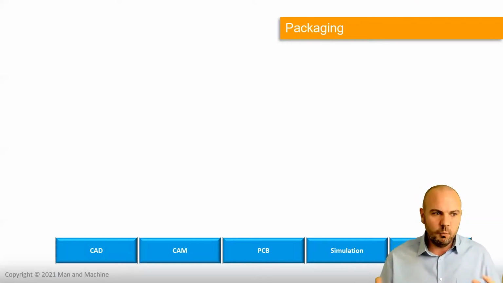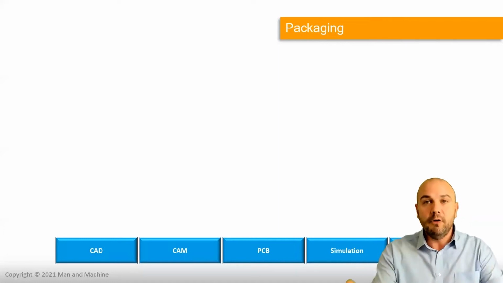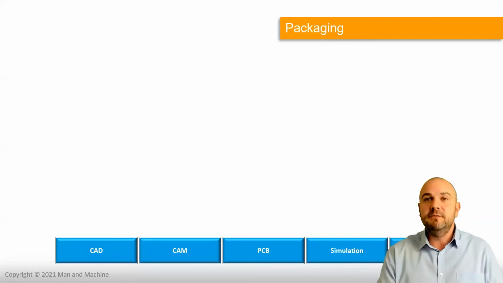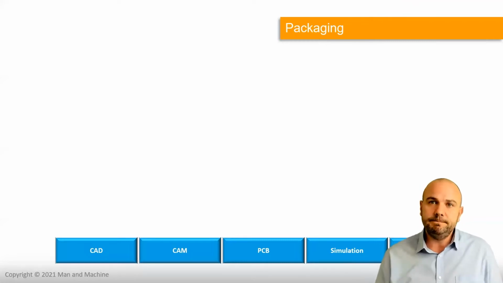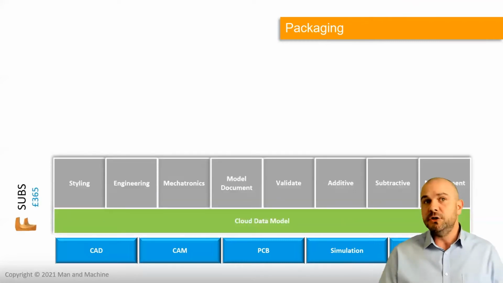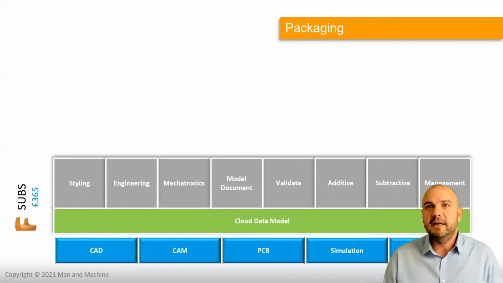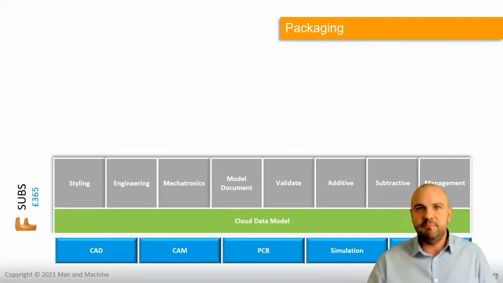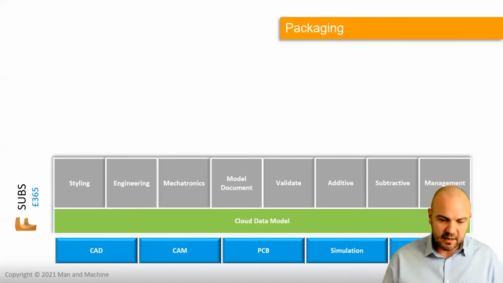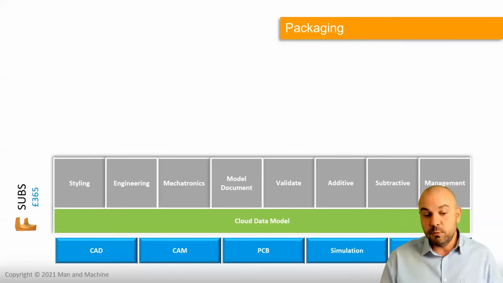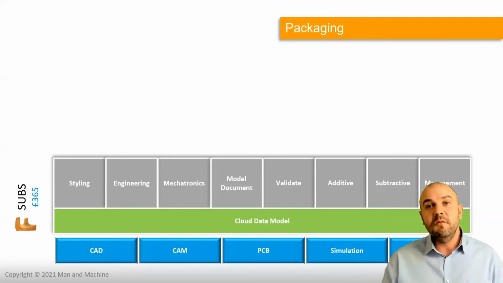And in the world that we're in today, more and more of you I know are being tasked with doing multiple elements of the design to manufacturing process. So what Fusion does is it allows you to do all of this plus more, including subtractive and additive manufacturing and styling, as well as data management, all within a single integrated platform for a very affordable price. £365 is the current price.